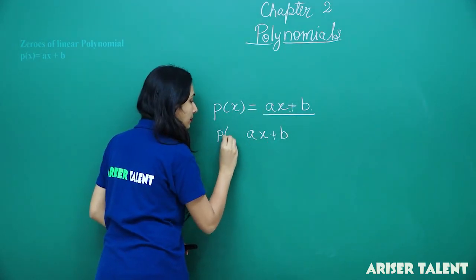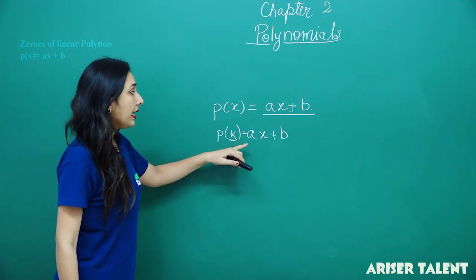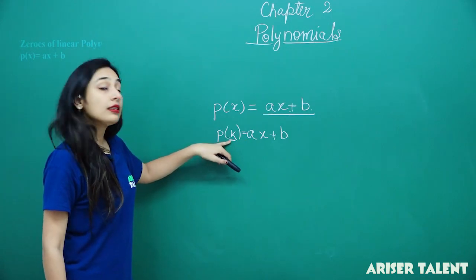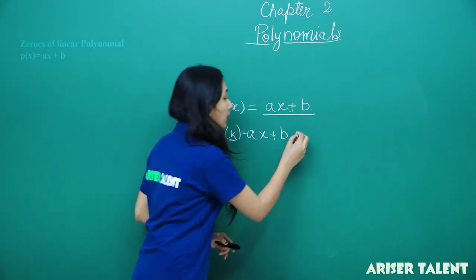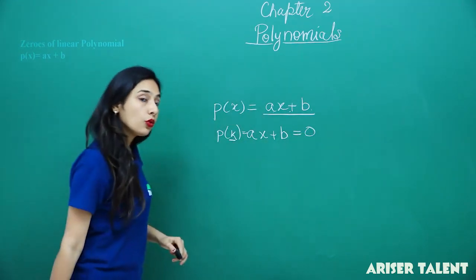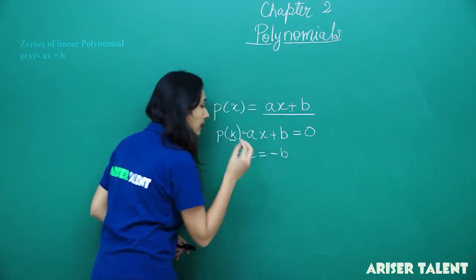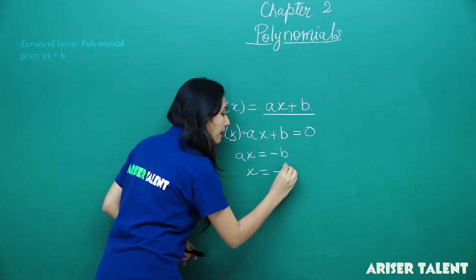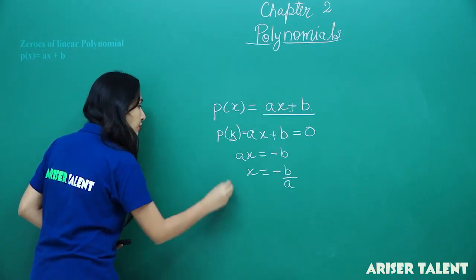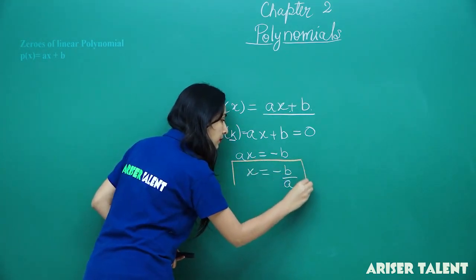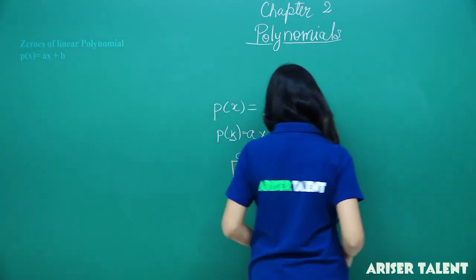Let's suppose the value at which it will become 0 is k. k is the zero of polynomial of this equation. Now ax plus b equals 0. That means ax will be equal to minus b and x will be minus b by a, right? So can't we generalize this formula?